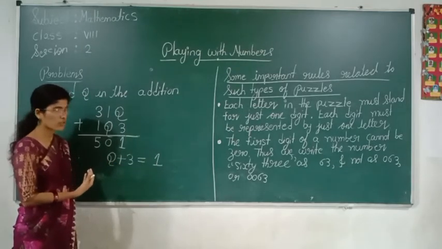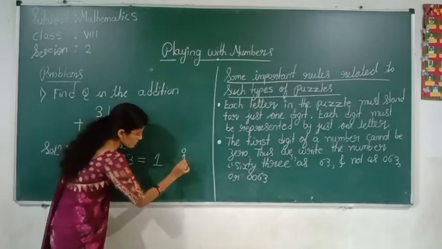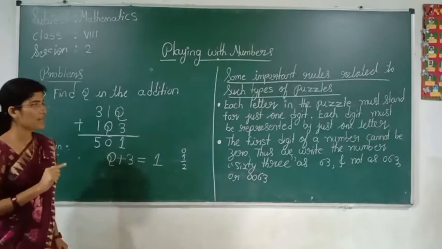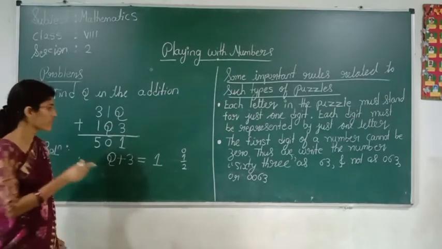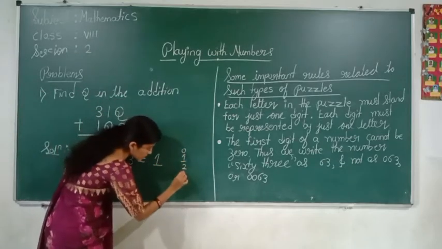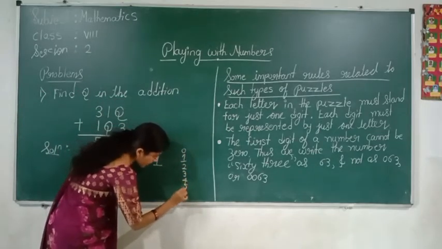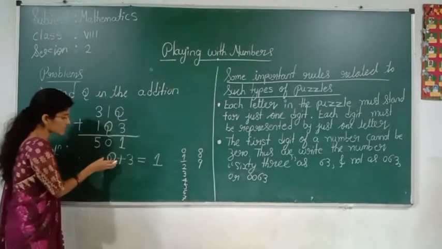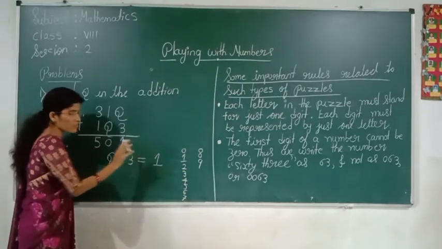Now what we have to do: each letter in the puzzle must stand for just one digit, so we substitute digits. What are the digits? 0, 1, 2, 3, 4, 5, 6, 7, 8, 9. We substitute these digits and we want the answer 1 in the units place.